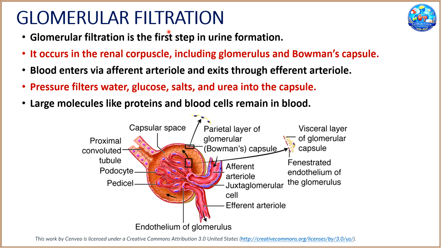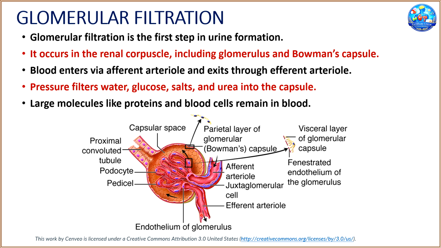The first step in urine formation is glomerular filtration. This glomerular filtration takes place at the renal corpuscle, and the renal corpuscle includes the tuft of capillaries, which is the glomerulus, and the Bowman's capsule. Blood enters the glomerulus through the afferent arteriole and leaves via the efferent arteriole.